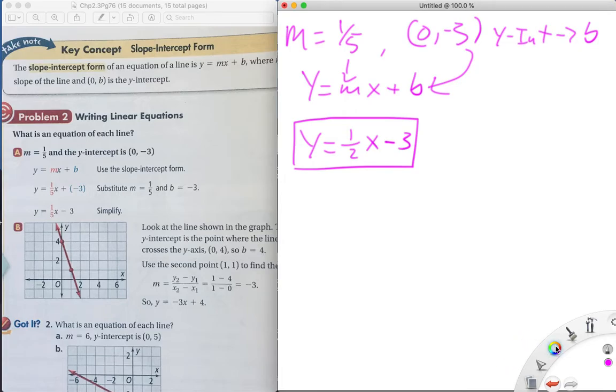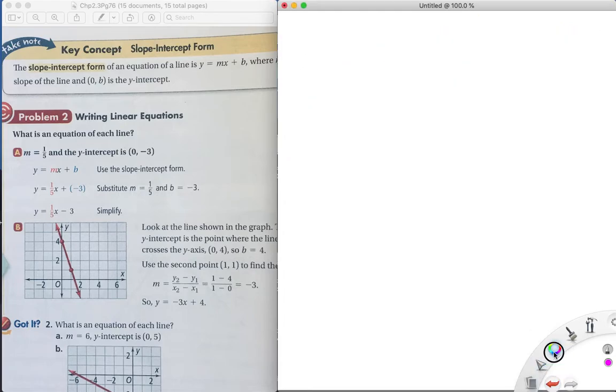For part B, we have a graph, and they're saying based off of the graph, we count 1, 2, 3, 4, 5.